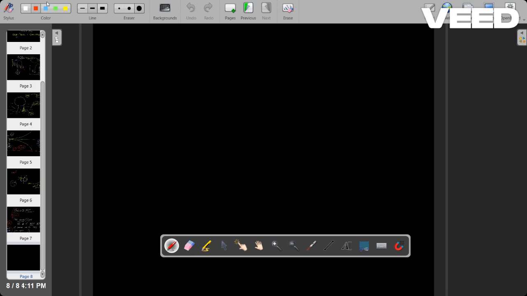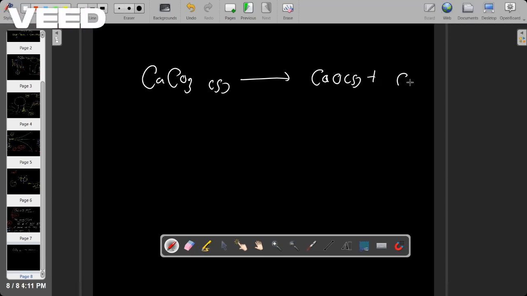Now I'm going to give you a reaction. This is a decomposition reaction. In 3 lines, with your knowledge of entropy, using your entropy knowledge, tell whether this reaction is spontaneous or not.